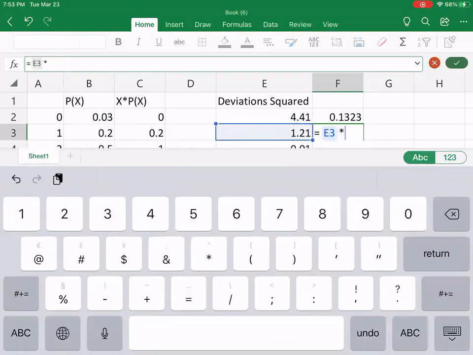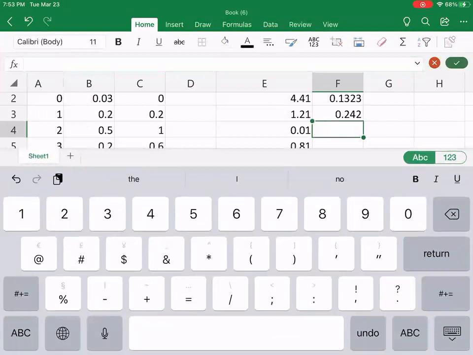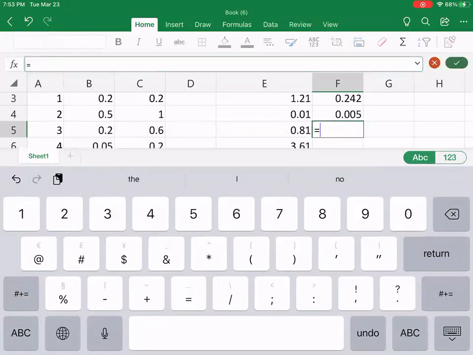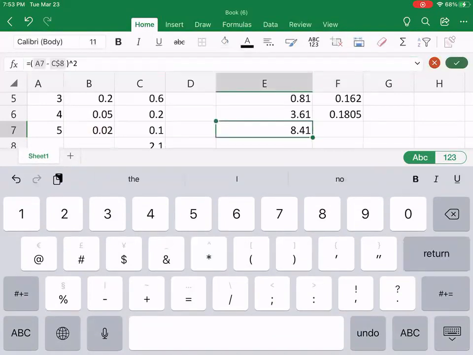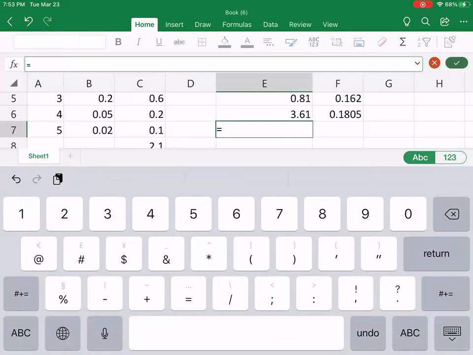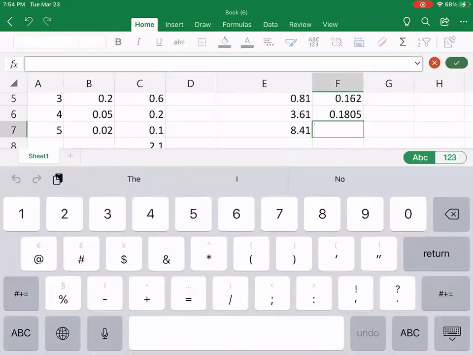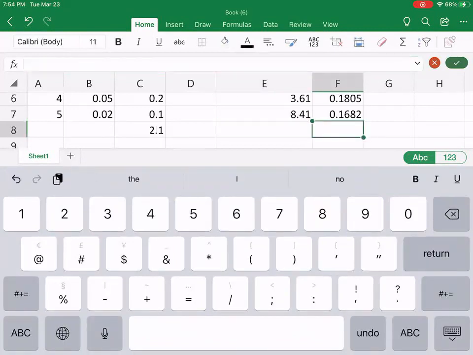Equals this times this. Ah, I messed that up. There we go. Equals this times this. There we go.